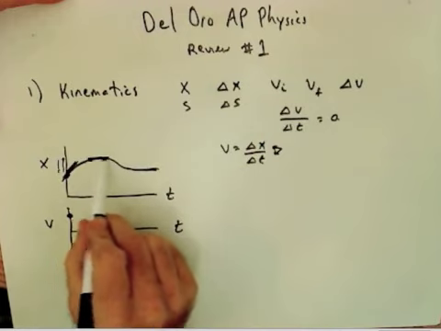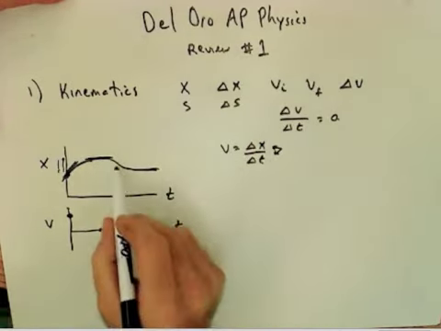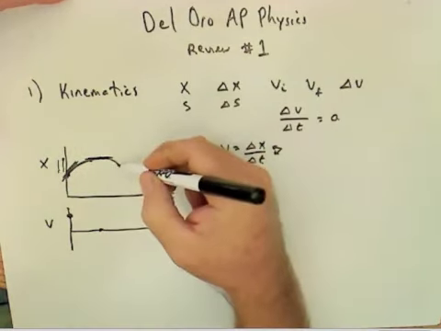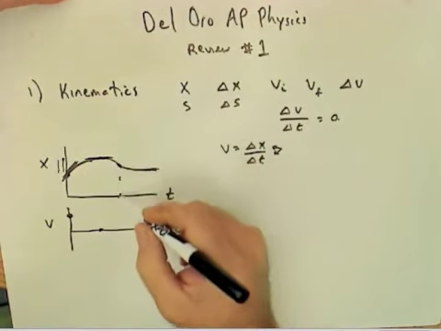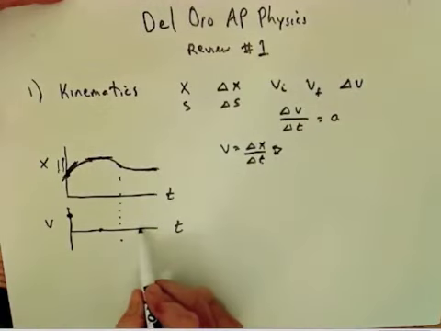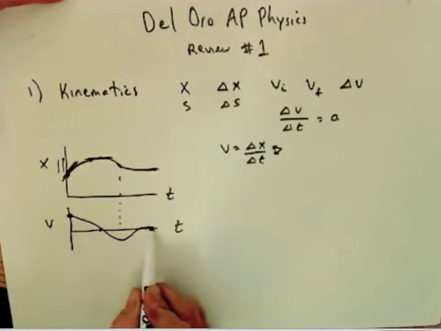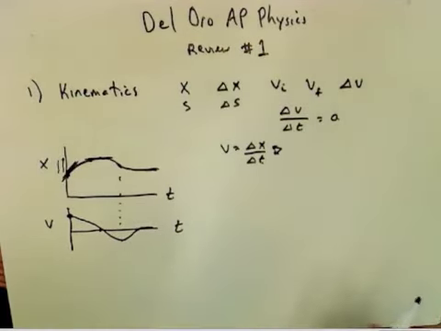About here, the velocity is 0 because it has 0 slope. And then here, it has a negative slope that's kind of steep, so right there it has some negative value. And then by the time it gets here, it has a velocity of 0. I'm not sure what the shape looks like in the middle, but we studied things like that and tried to decide what the velocity, or the speedometer reading, would look like as time went by.